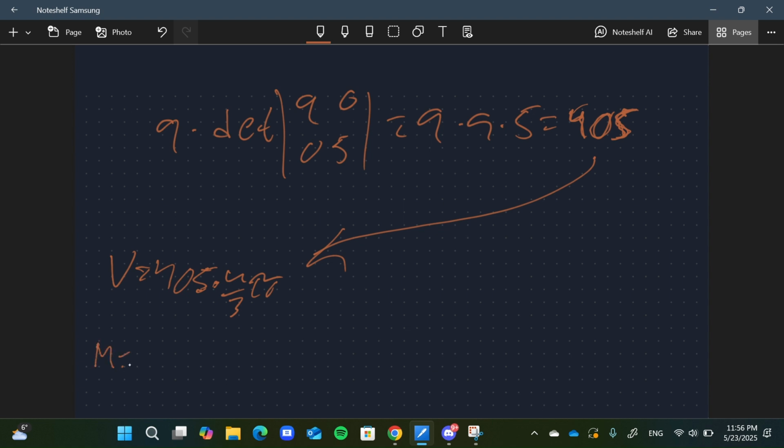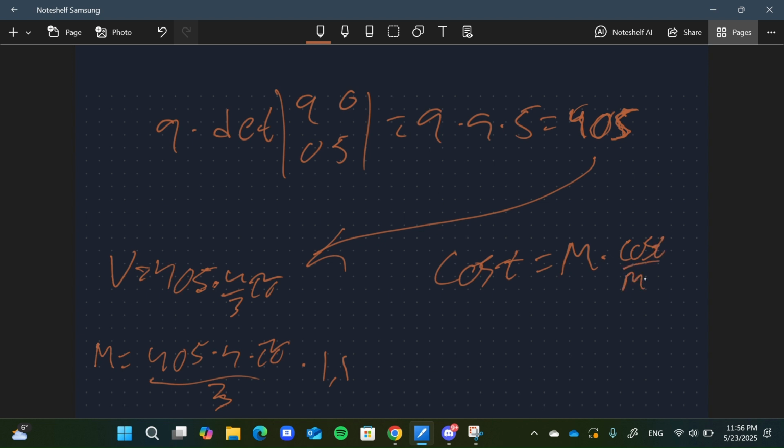So the total mass will be equal to 405 times 4 times pi over 3 times 1.1. And the total cost will be equal to mass times cost per mass, which we know was $4 per gram.